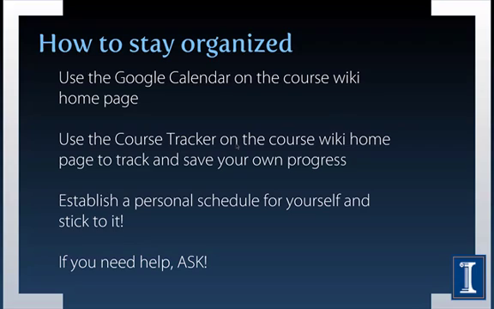You should establish a personal schedule and stick to it. In a little bit, I'll talk about a typical weekly schedule that you might see, but if you need help with course material, technology, scheduling, anything, you should ask someone as soon as possible. Sitting on a question will do you no good in this course.